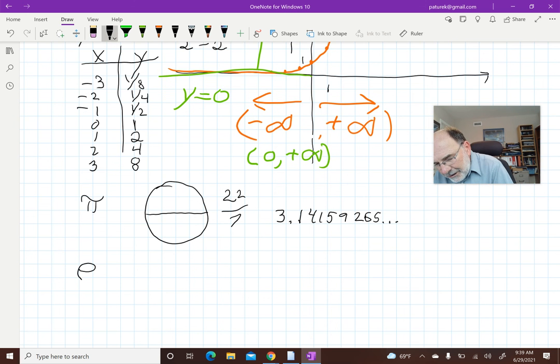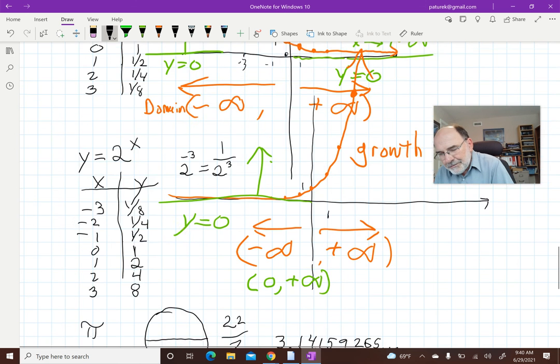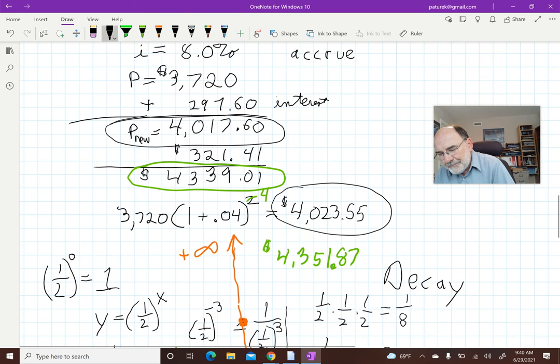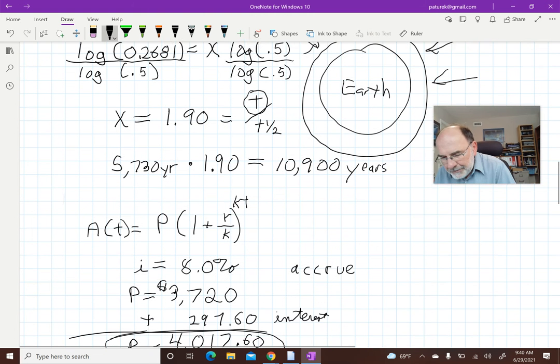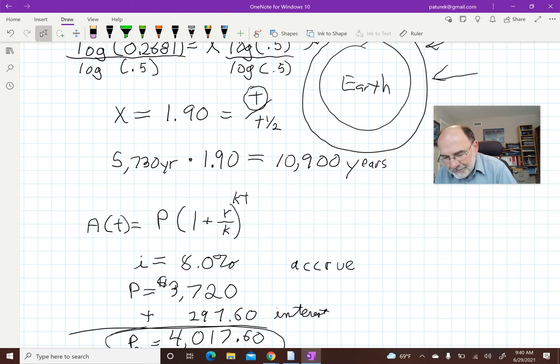e is also an irrational number. And in your homework tonight, they're going to try to have you approach the value of e by doing a series of calculations. The calculations are similar to the compound interest situation for the bank.